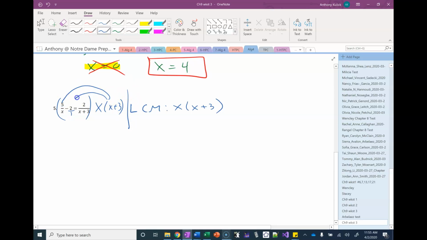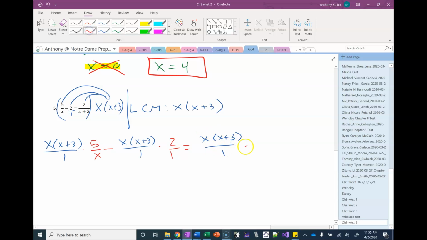So I'm going to distribute that through to each piece. So I'm going to have x times x plus 3 over 1 times 5 over x minus x times x plus 3 over 1 times 2 over 1 equals x times x plus 3 over 1 times 2 over x plus 3.